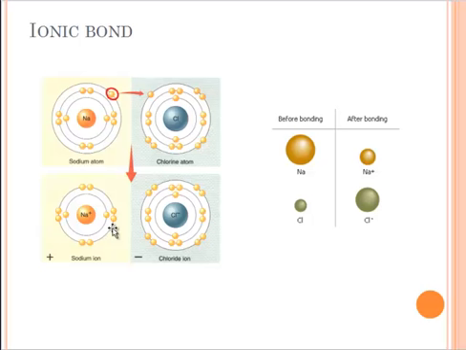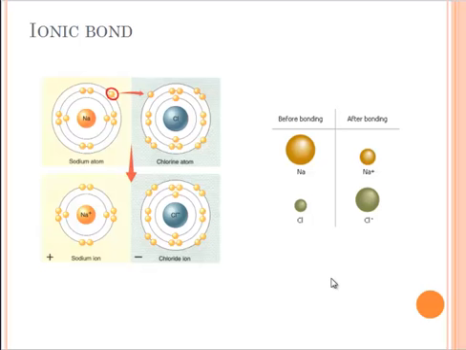As we can see from here, the sodium atom used to be larger than the chlorine atom, but after the transfer of this valence electron, the order reversed. The sodium ions are significantly smaller than the chloride ions.